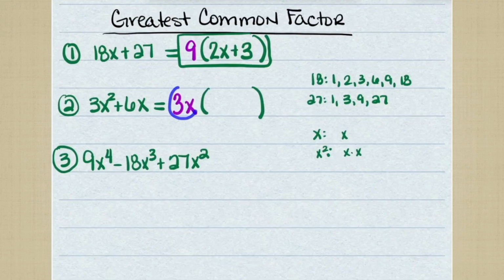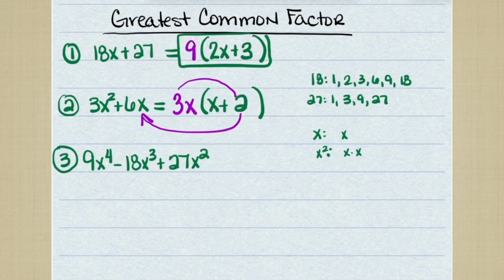Well, 3x times what will give me 3x squared? I need an x. And then 3x times what will give me 6x? I need a 2. So let me put my 2 in there.